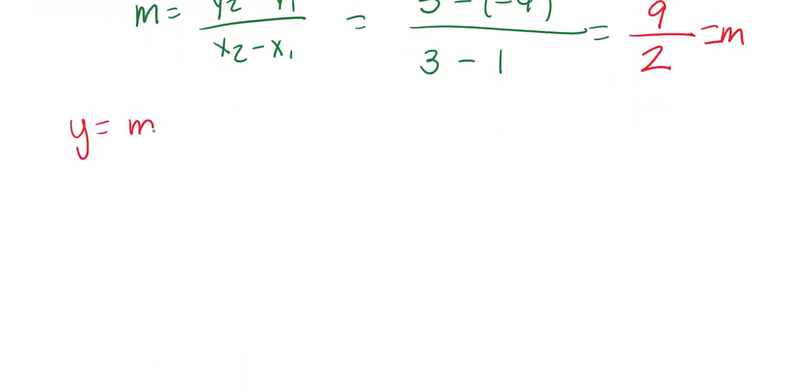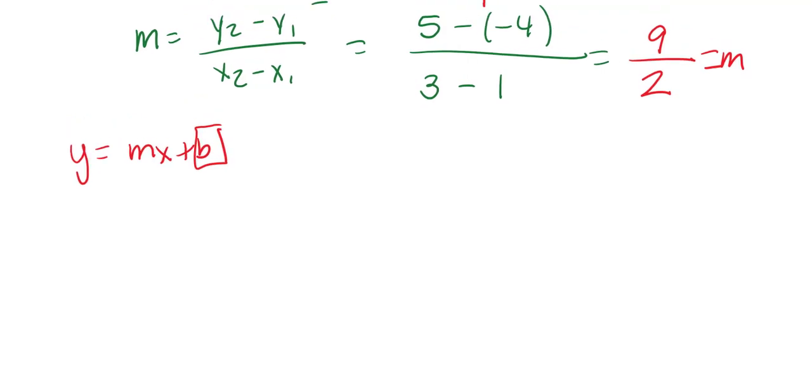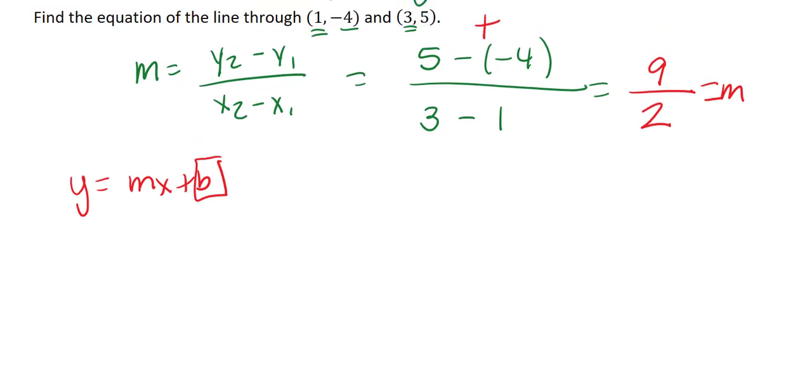So remember our equation. We're solving for this now. This means we can pick any point. We can pick x1 and y1 or x2 and y2. I usually just do the first point. So let's plug in our numbers.